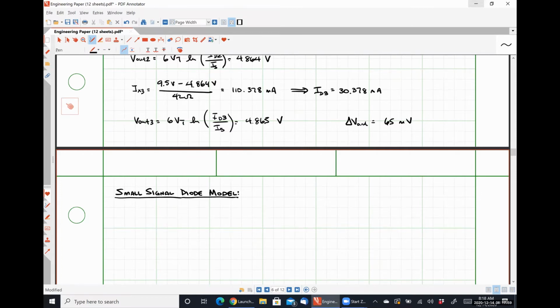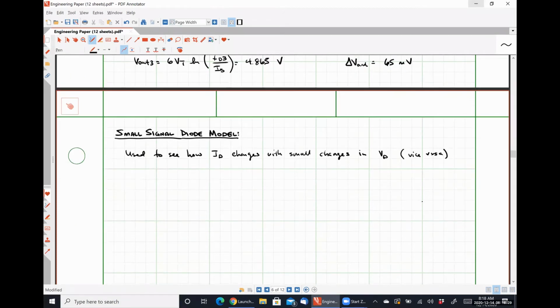So the small signal diode model is used to see how our diode current ID changes with small changes in VD and vice versa. It can be used both ways. So we draw a picture here to illustrate what we're going to be talking about.